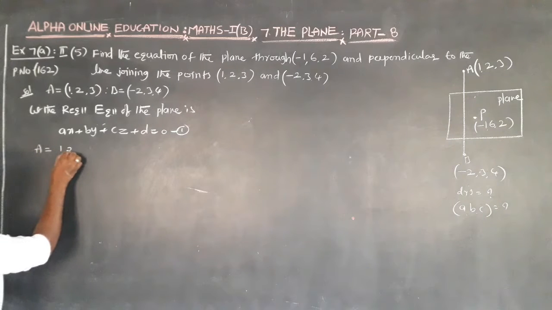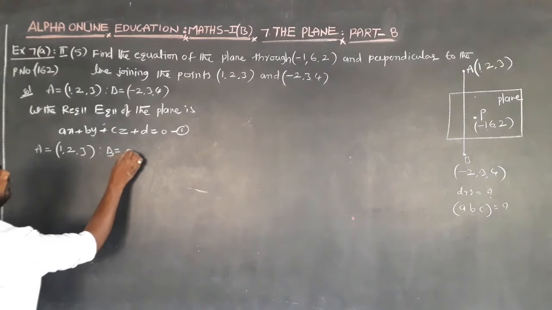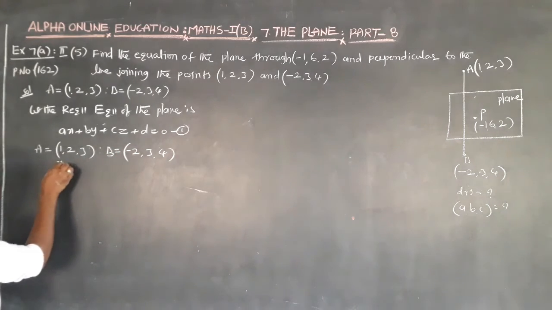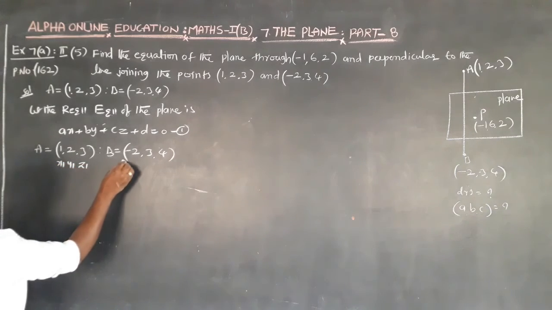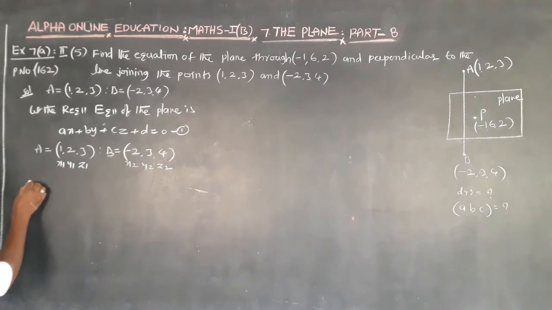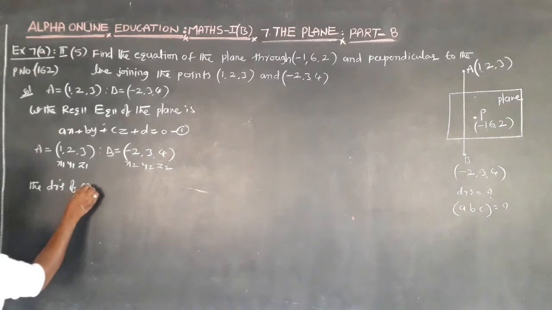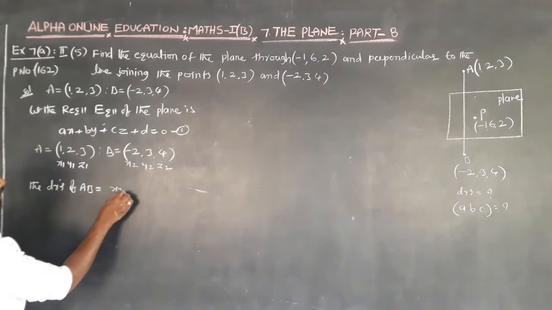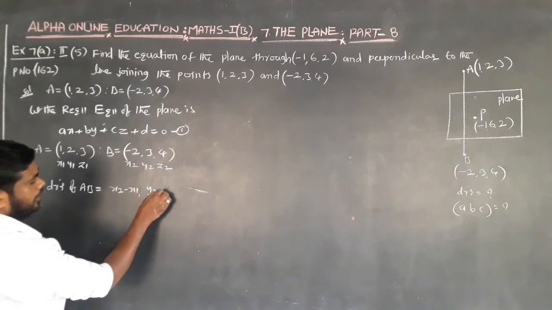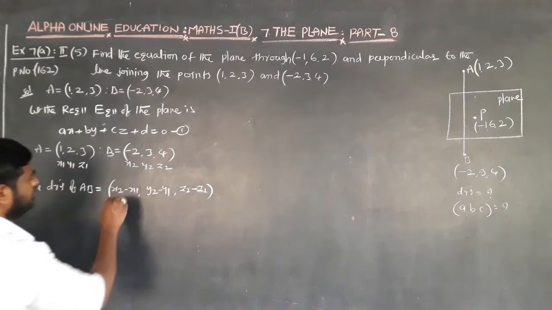A point (1, 2, 3), B point (-2, 3, 4). Let A be (x1, y1, z1), B be (x2, y2, z2). The DRs of AB by the formula are x2 minus x1, y2 minus y1, z2 minus z1.